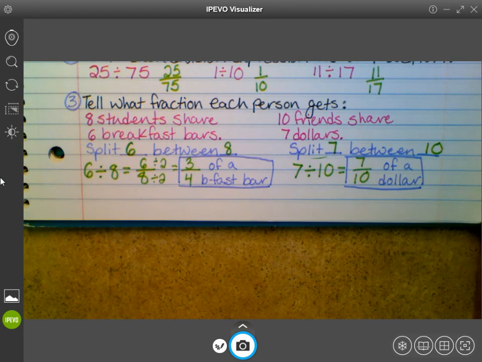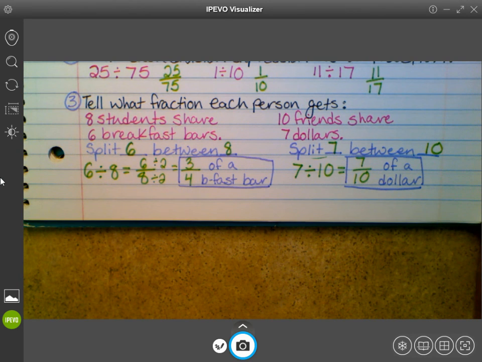All right, so on page 531, you are going to circle number 3, number 5, number 7, number 9, number 11, number 13, number 15, and number 19.